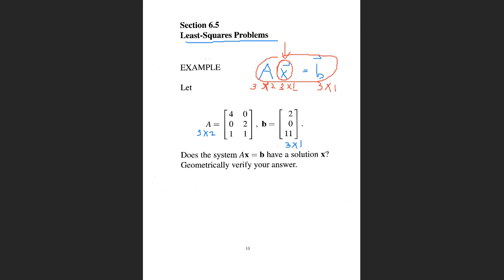So how many variables do we have? And I understand your hesitation. You're thinking about this. But if the vector X is a 2 by 1 vector, how many variables are there? There'd have to be 2.